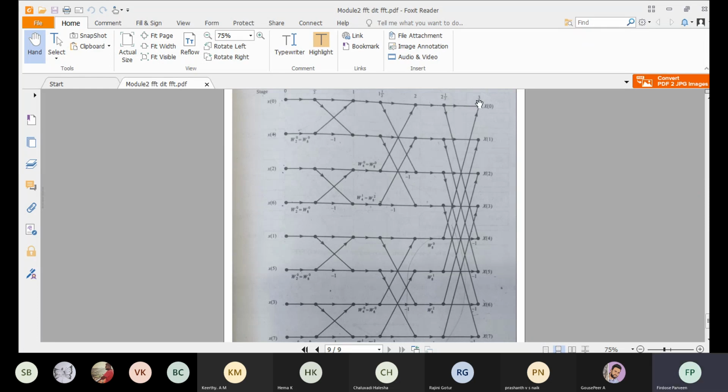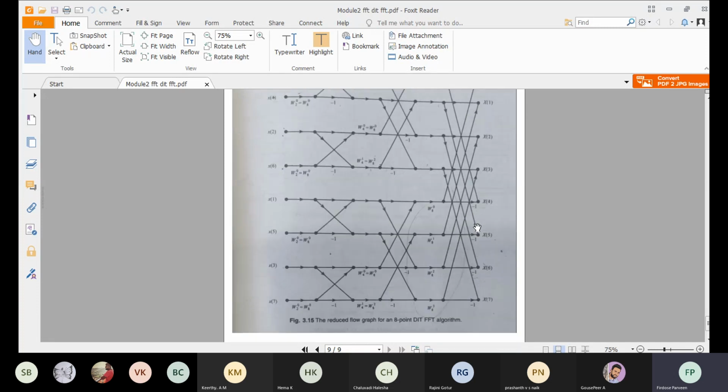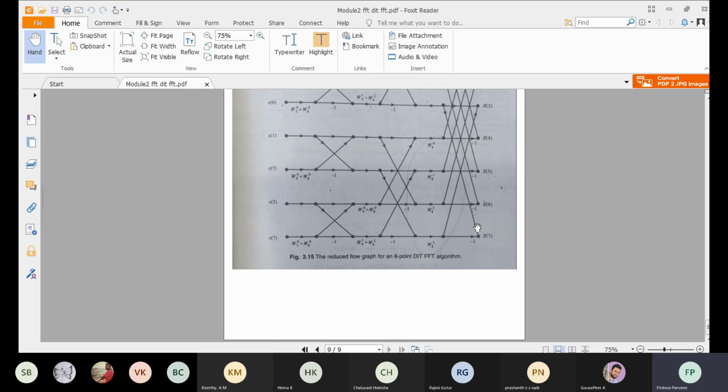So from here for x of 0, I'll start from the first. That is 1, 2, 3, 4. Here it comes. Okay. So from here only I will start like this. Same thing for x of 1, x of 2, x of 3 and x of 4. Until you do one problem, you will not come to know. So let us see a problem.